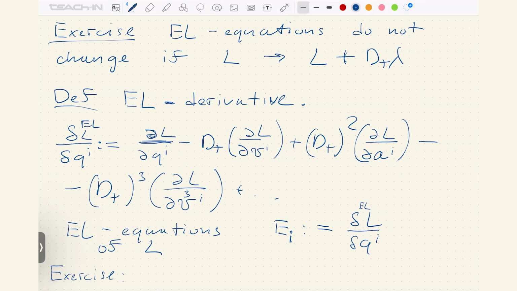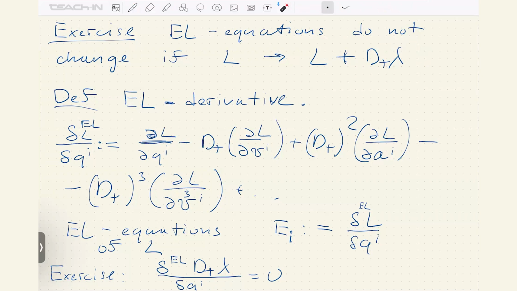Exercise shows that the Euler-Lagrange of dt lambda over dqi is 0. This explains why these transformations don't change equations of motion.